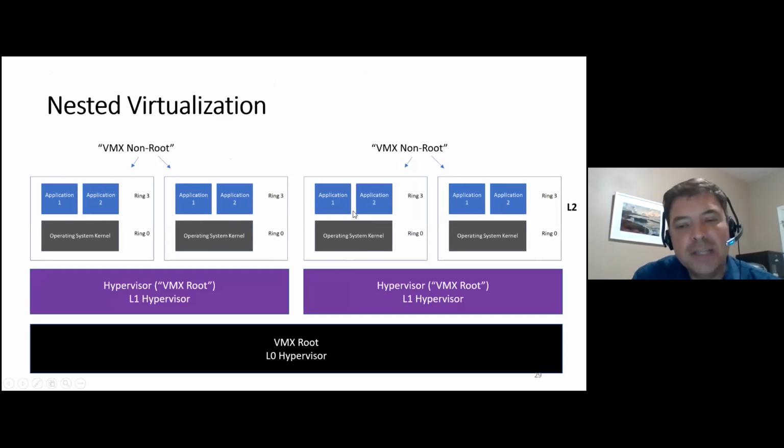And then we can even do crazy things like virtualize the hypervisors. We can take that scenario where we had a VMX root hypervisor, and virtualize that as well, and via nested virtualization create a hypervisor that's below either of these two hypervisors.